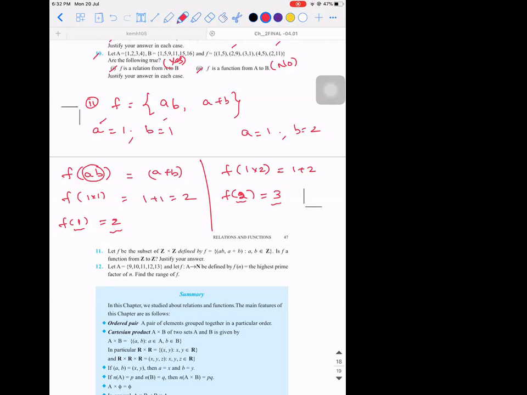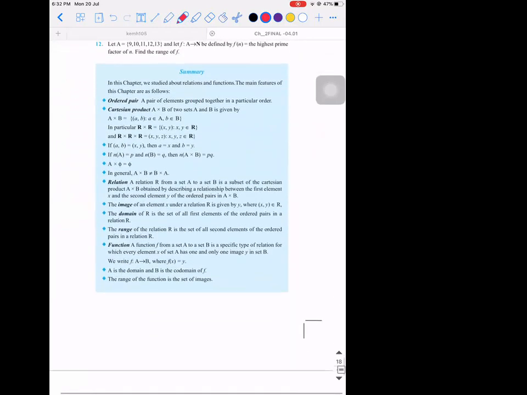Okay, A and B are equal to 0. Then F of 0 will be 0, no? So there's a possibility it can be like that. So A is equal to 0, B is equal to 0. F of 0 into 0 is equal to 0.